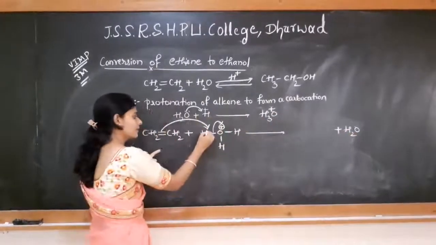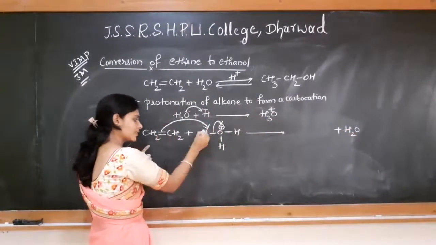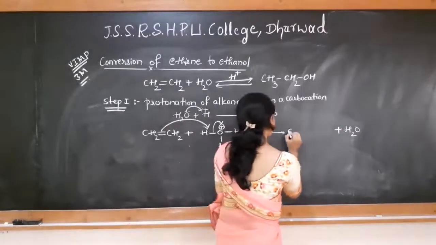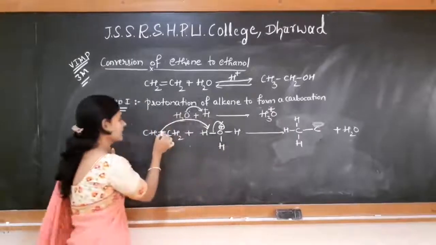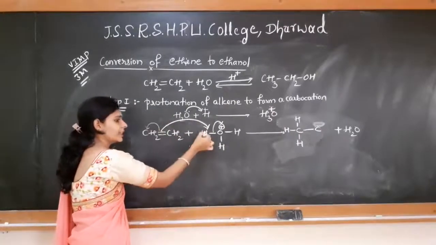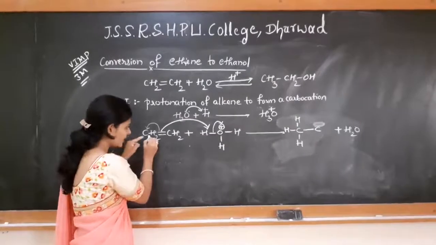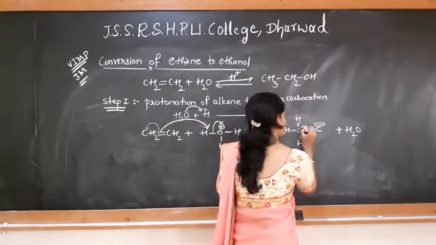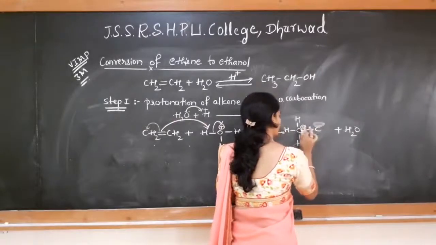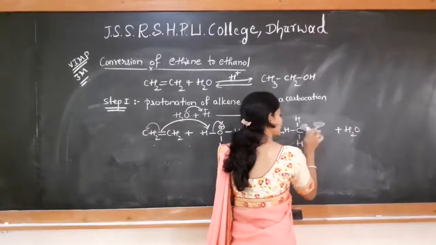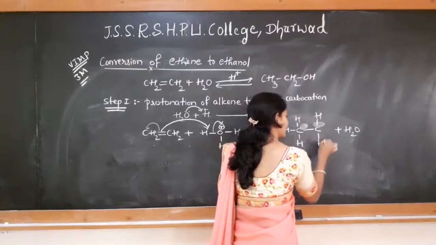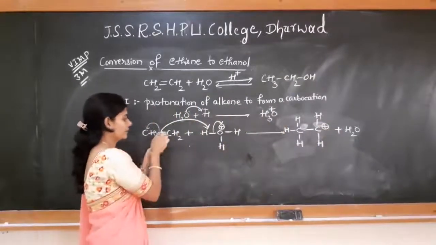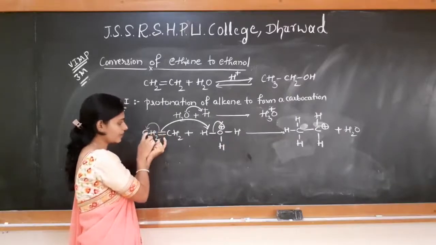And what is left now? This H plus is abstracted by the alkene. So there is a formation of a carbocation. The pi electron is shifted onto this carbon. H plus goes and attacks this carbon. So it becomes CH3, single bond, CH2 plus. Here, the pi electron is shifted on this carbon.